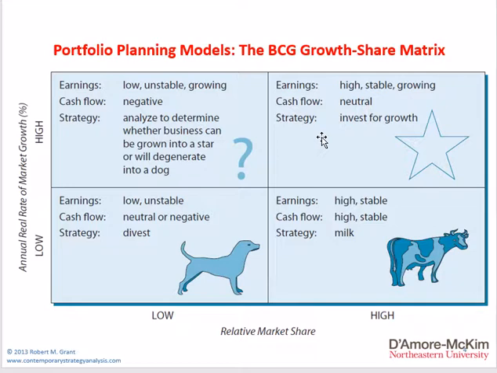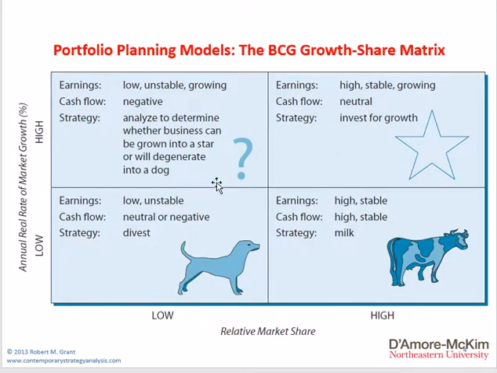And here the firm must analyze whether, by investing more money into this, it can move this business from this quadrant over to the star. If the answer is yes, then this business deserves some investment. However, if there's some concern that the firm may not be able to generate a competitive advantage in this industry, it may not be invested in, and may be held or divested to use those resources more efficiently.